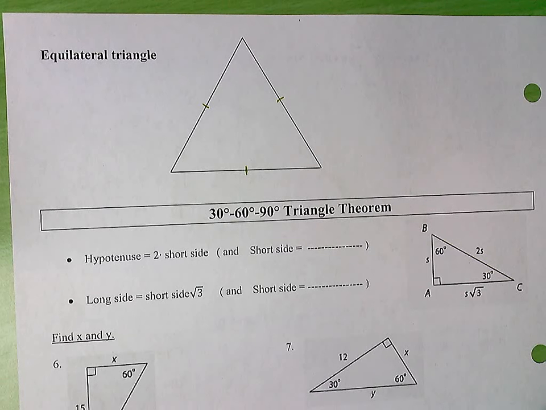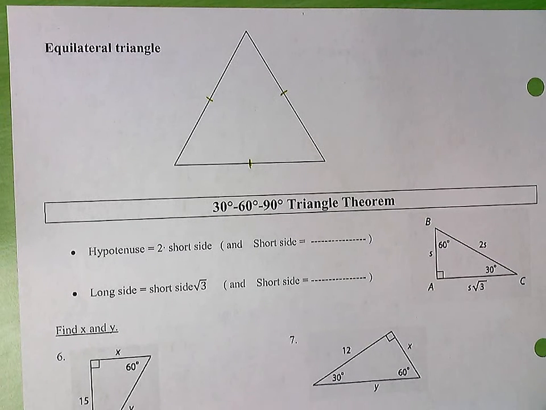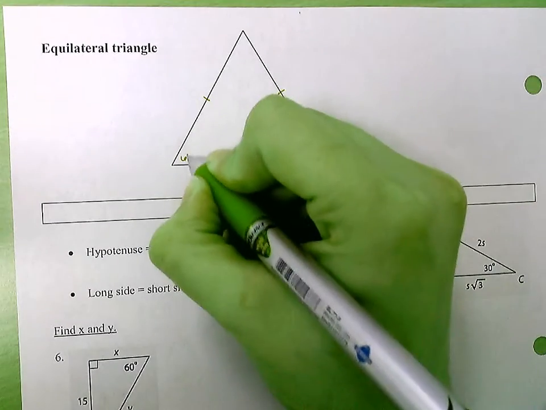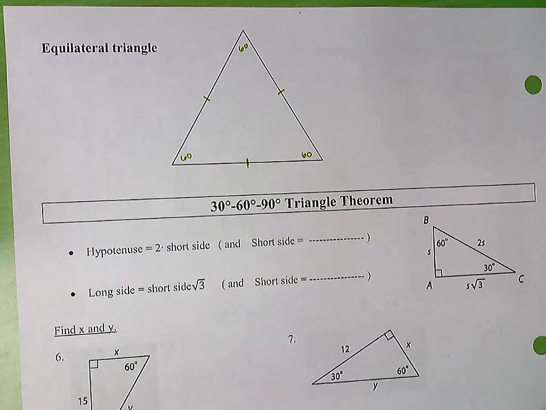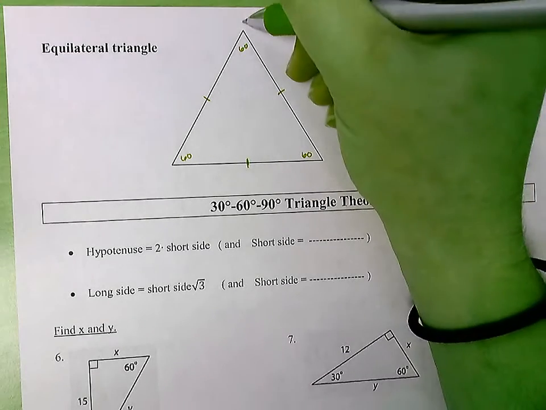In an equilateral triangle, I know we haven't gone over this yet in geometry, so I'm just going to tell you. Equilateral triangle, all your angles are the same. Okay? All of your angles are congruent or the same, meaning they're all going to be 60 degrees. Okay, so all three of those angles are 60 degrees. Now, I'm going to draw an altitude straight down the middle of my triangle.